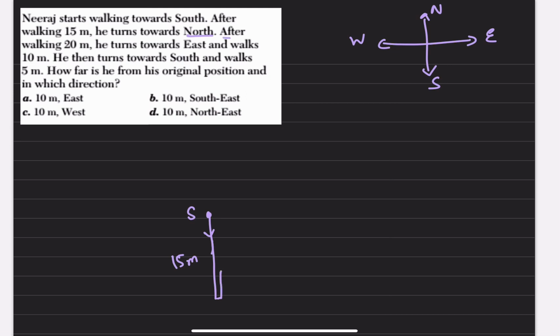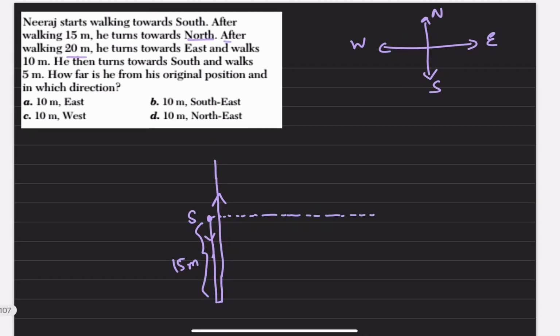And then after 20 meters, it doesn't have to be exact, but obviously the length of this line should be greater than this 15 meters, right? Because they're telling us it's 20 meters. So we'll draw this line, and this entire line length is 20 meters.